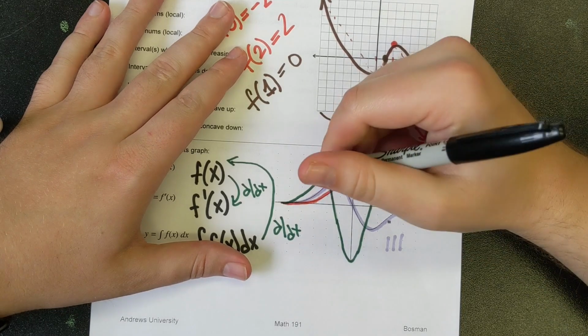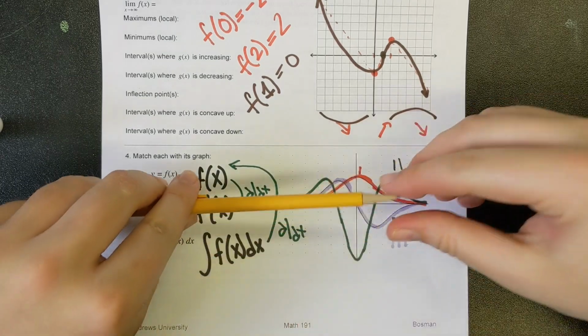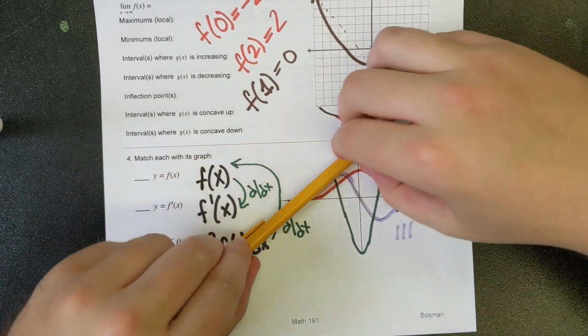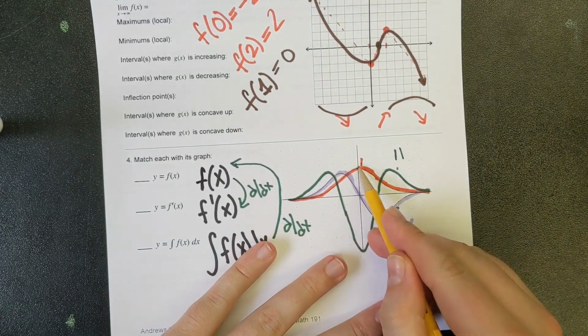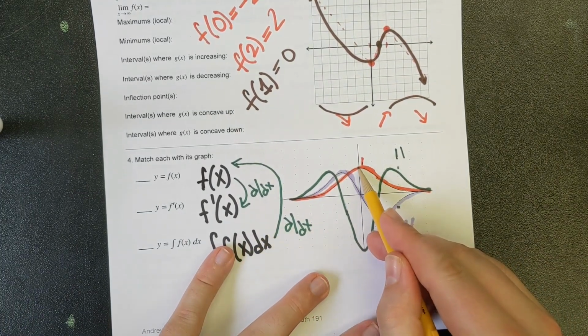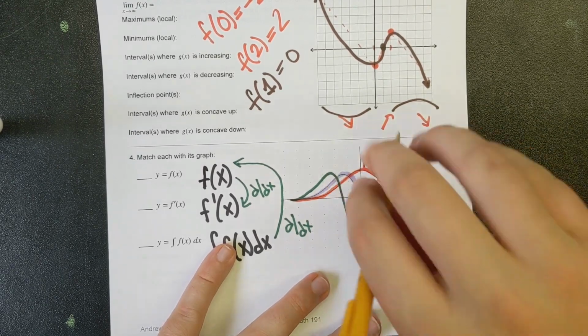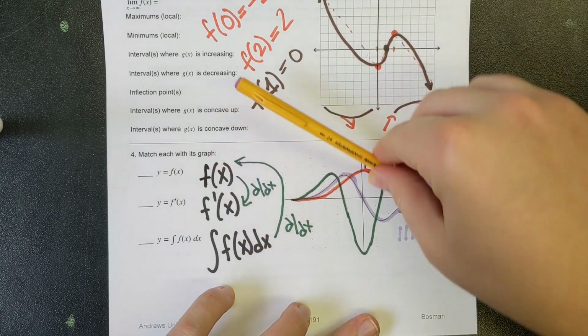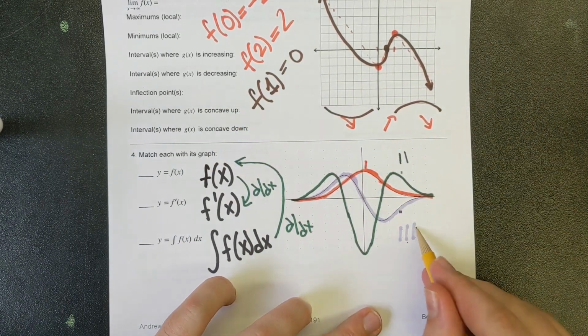Well, as I move along this first function, I have a maximum right here, so I know its derivative is going to be 0 right there. Before that, the function is increasing, so the derivative is positive, and after that it's decreasing, so the derivative is negative, which looks exactly like what function 3 is doing.